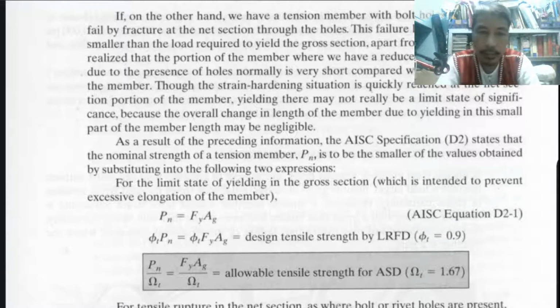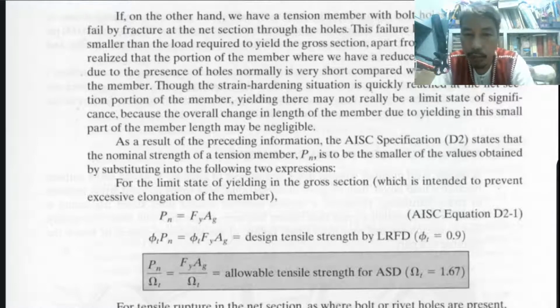So equation D2-1 states that the nominal strength is equal to the yield stress or yield strength multiplied by the gross area. So that is equation D2-1.